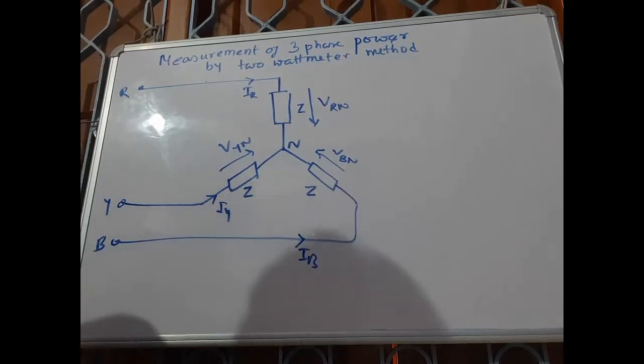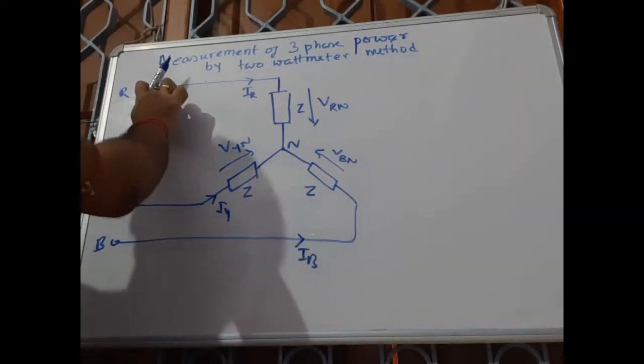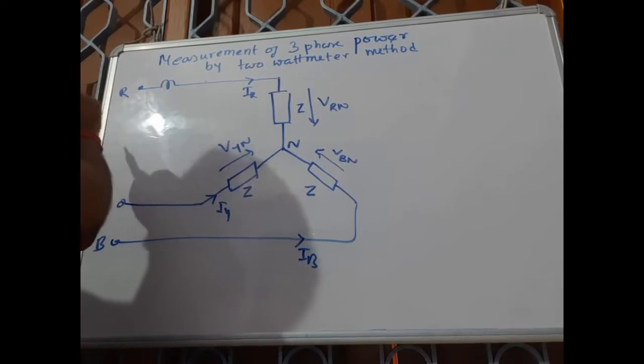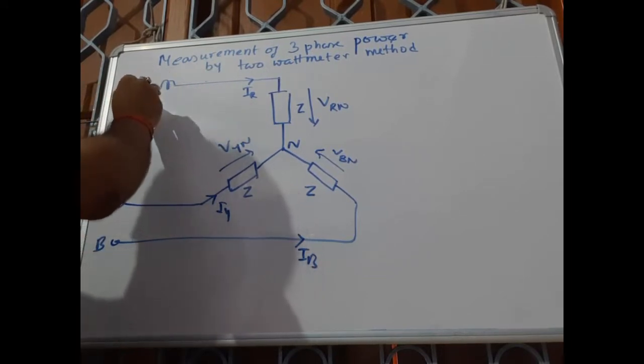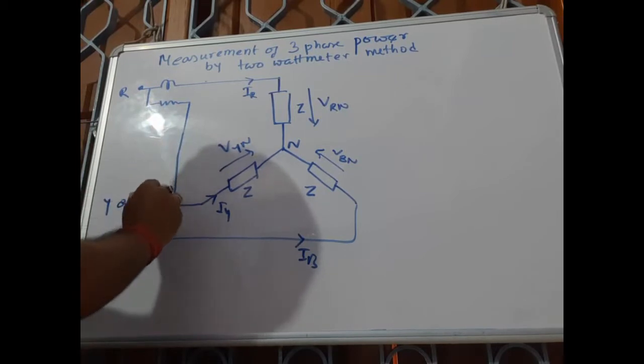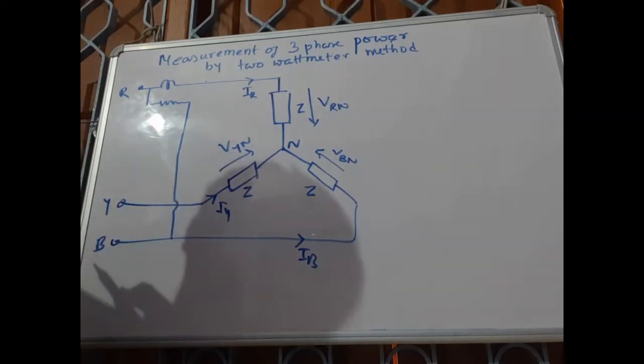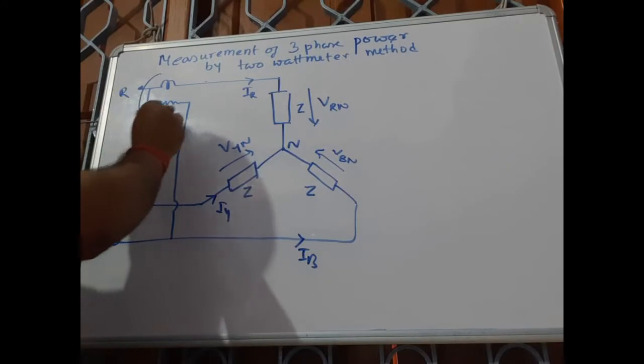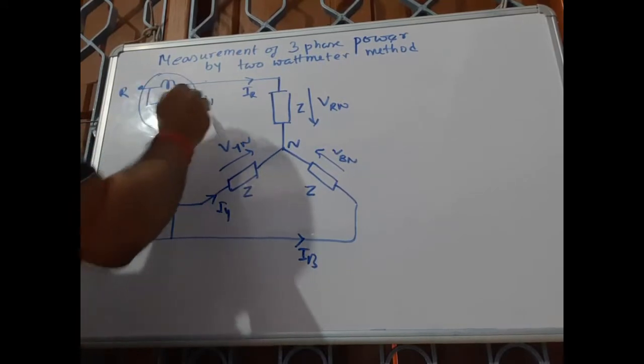Now we have to connect two wattmeters. So how we connect? We connect the current coil of the wattmeter with the R phase and potential coil with R phase and B phase, right? So this is wattmeter number 1.